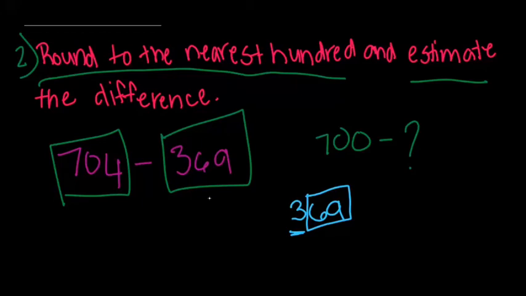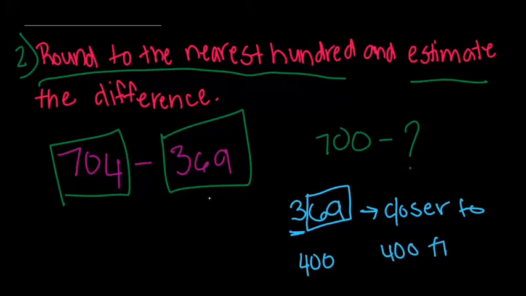So this would become 400, because in 369, the 69 is closer to 400 than 300. All right, so our estimate for 369 would be 400.